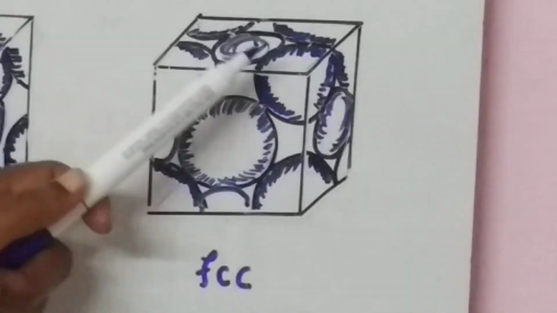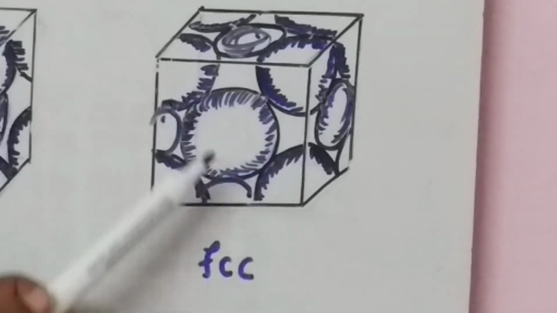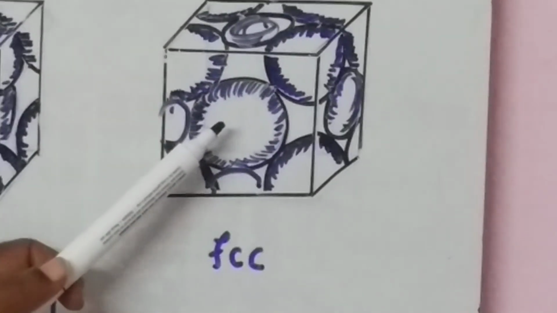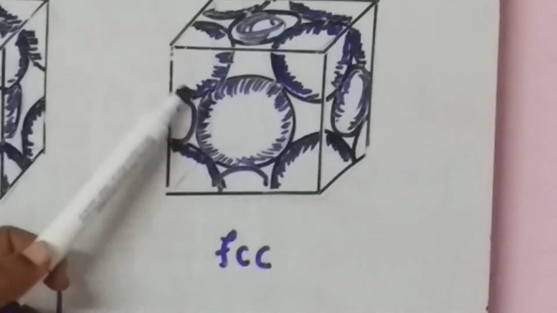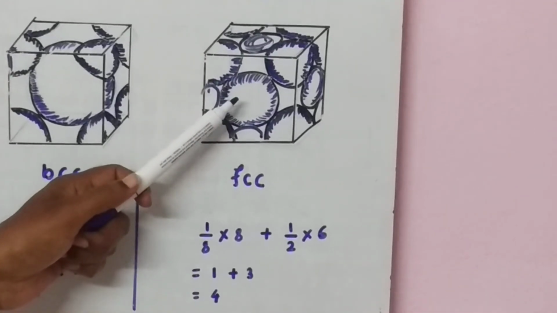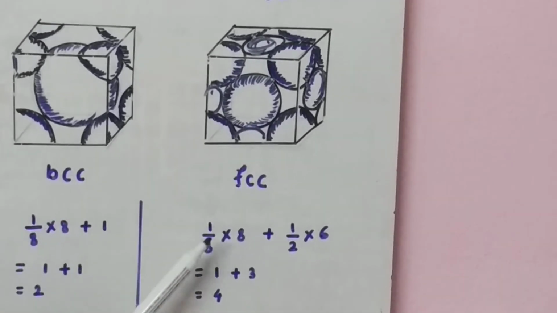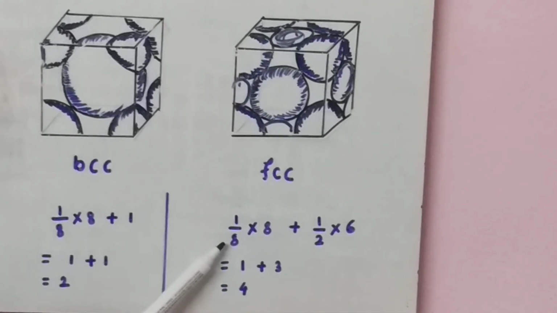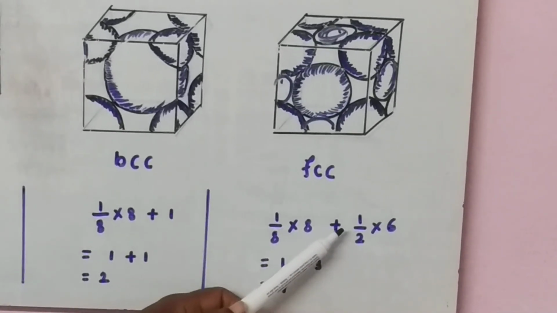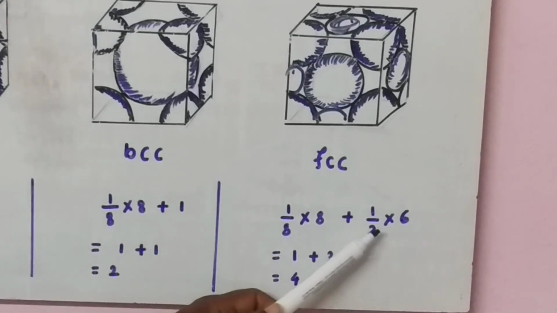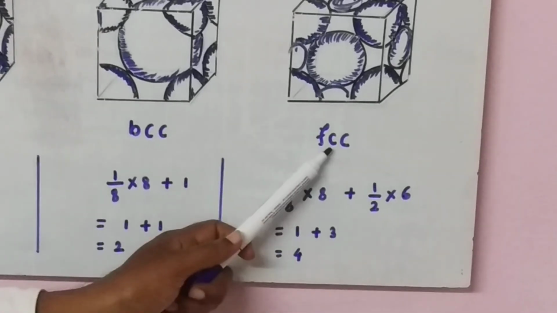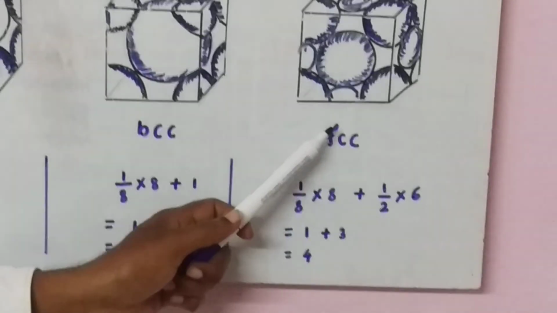So one atom is present at the 8 corners of cube and 3 atoms are present on the 6 faces of that cube. Each face acquires half atom. So in this way total number of atoms are 1 by 8 into 8 plus 1 by 2 into 6. So 1 plus 3 equal to 4 atoms are present in face centered cubic cell.